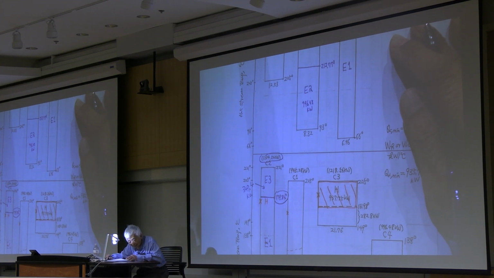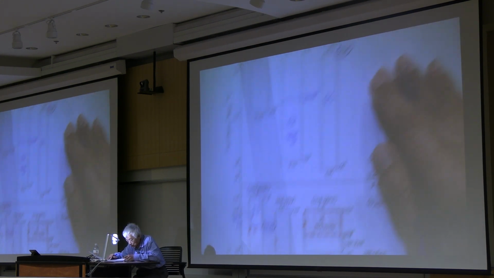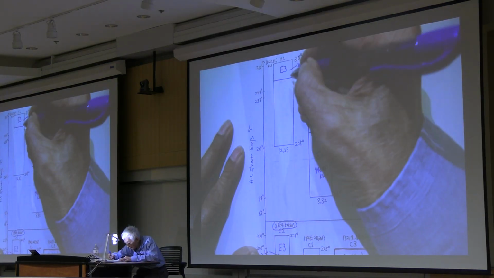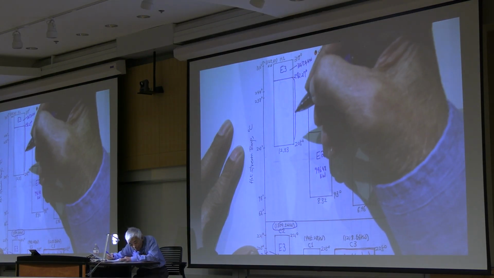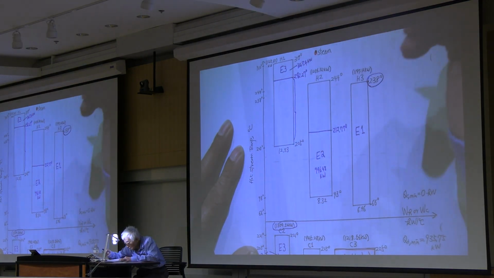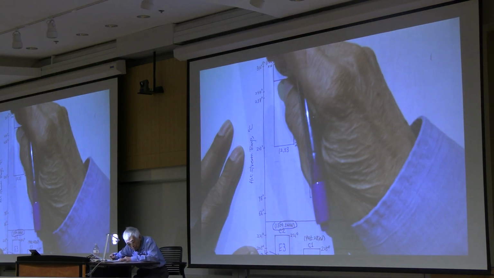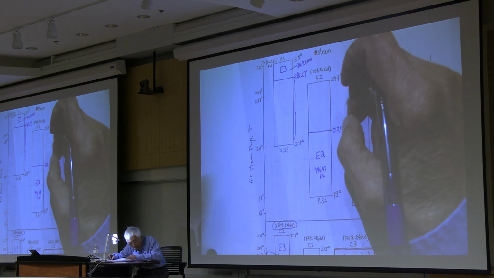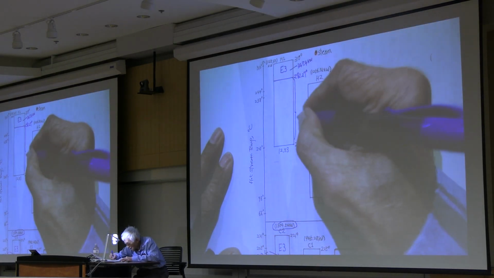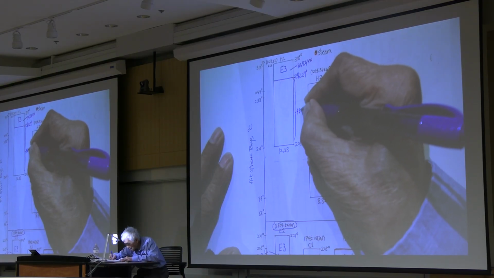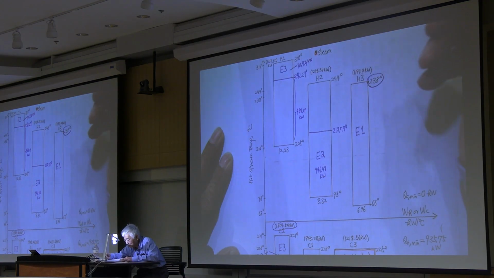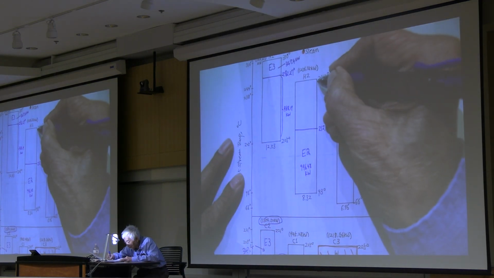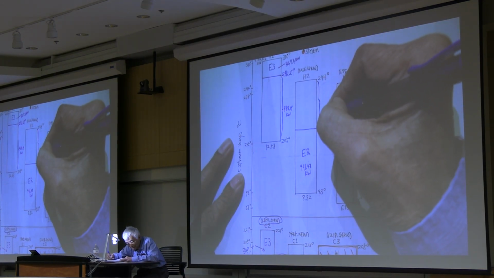Okay, so now let's take a look. What is this remaining area? 1215.65. This remaining area, 968.19 kilowatt. How about this one?